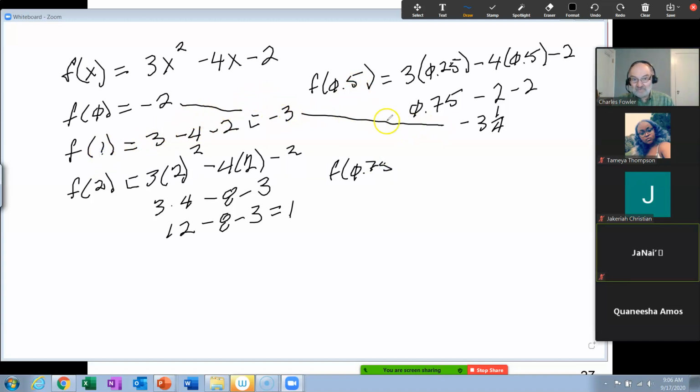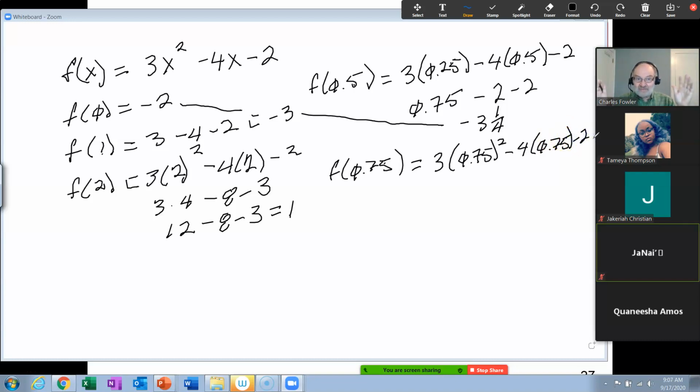Because we want to come up with something less. So let's see if we can get something less. Now I believe it's about time for someone to pull out the calculators and do 3 times 0.75 squared minus 4 times 0.75 minus 2.